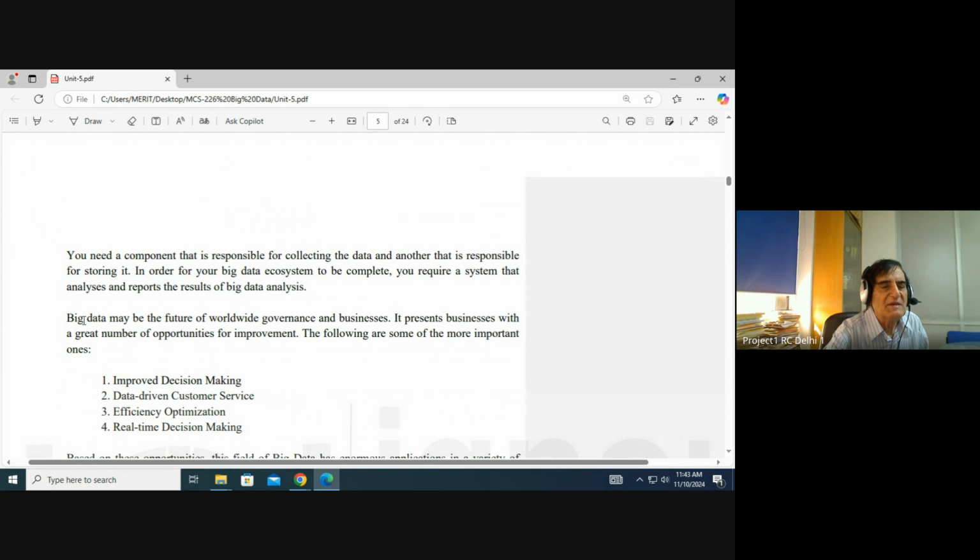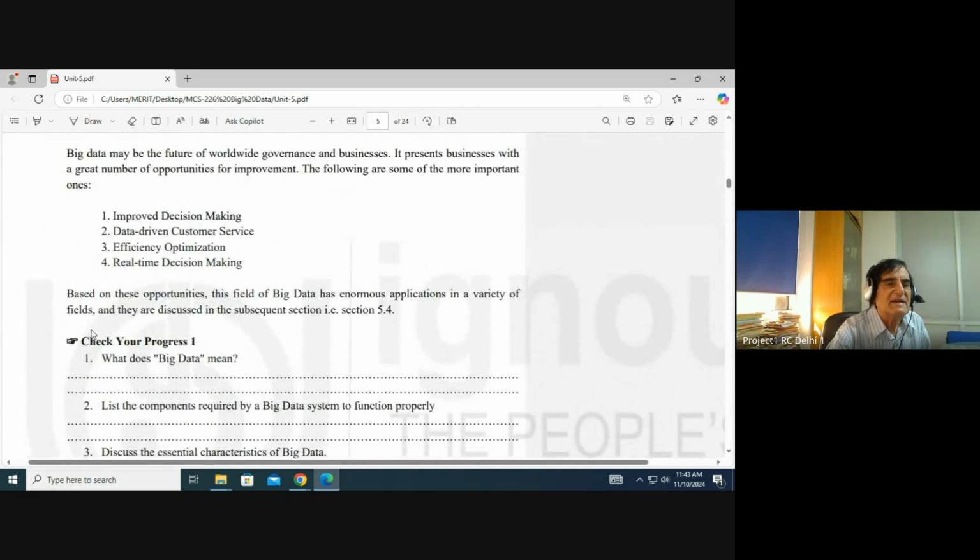Big data may lead to improved decision making, data-driven customer services, efficiency optimization, real-time decisions. Improved decision making, for example, if some disease is spreading, just as COVID did. Once COVID came, people started making decisions, so somebody started manufacturing the vaccine, somebody started distributing the vaccines, and so on.